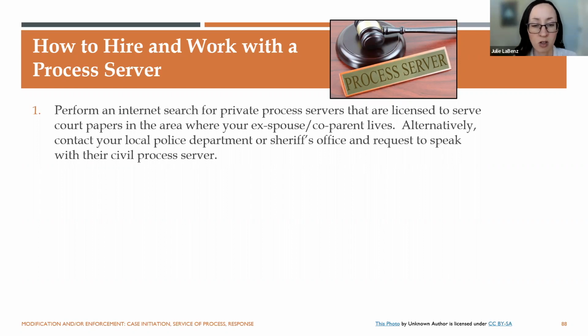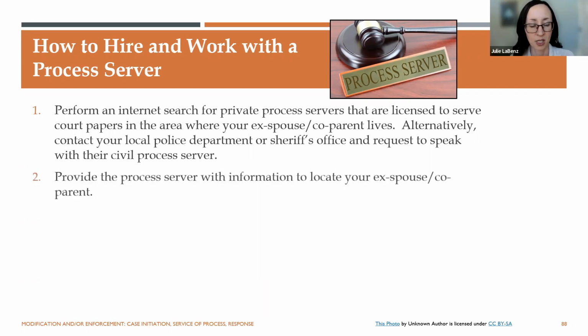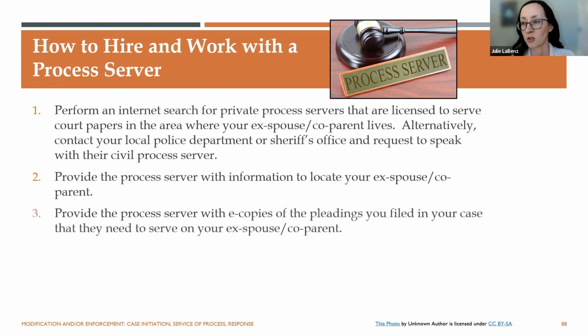Additionally, you can contact law enforcement where they are and work with the civil process server within the law enforcement department. Provide the process server with information to locate your opposing party: their address, what they look like, where they work. Provide the process server with copies of the pleadings you filed in your case that they need to serve.